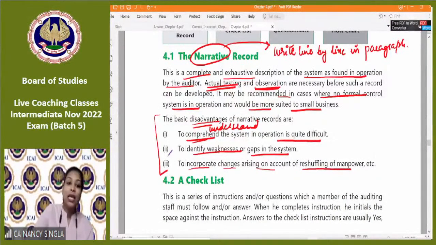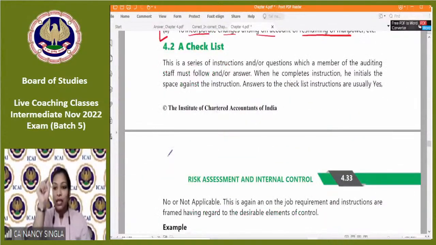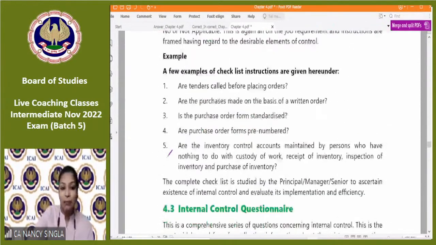ठीक है. Second is what? Checklist. As the name suggests, check the list. है ना? A list is given. The auditing staff is required to tick against all these list items. Okay? So let's say there is an example, see it is written. For example, a staff is checking the internal control with respect to purchases.